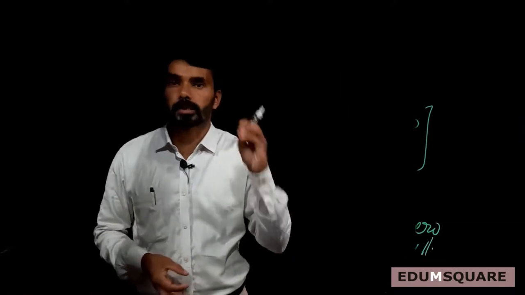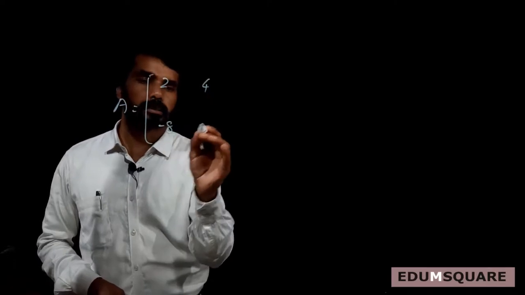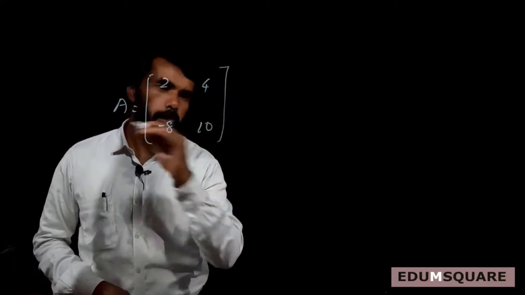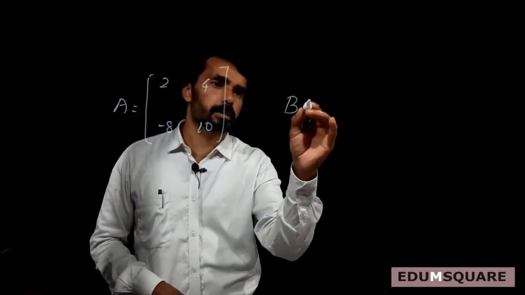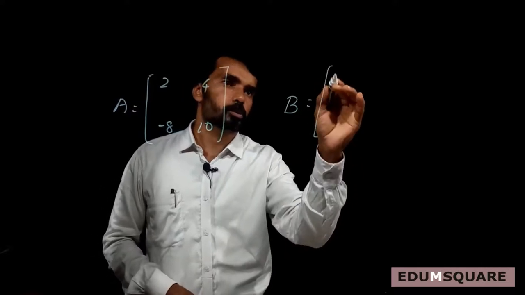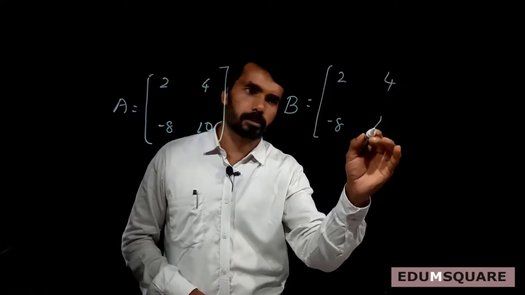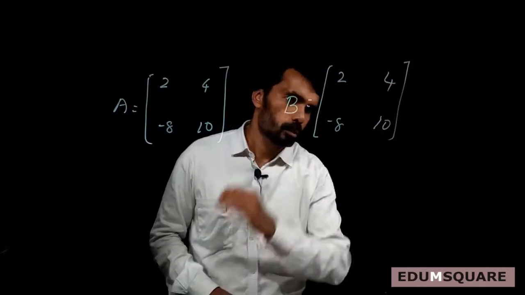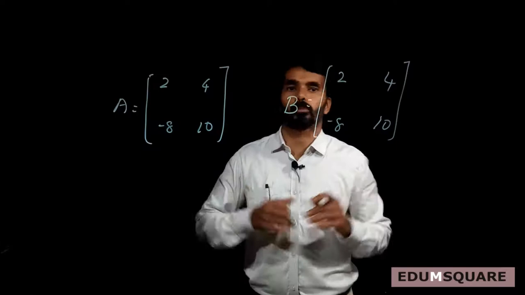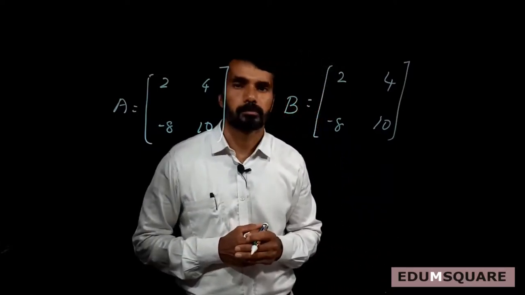Okay. Now, let us consider two matrices. A is equal to the matrix 2, 4, minus 8, 10. Another matrix B is equal to 2, 4, minus 8, 10. Now, what about these two matrices A and B?